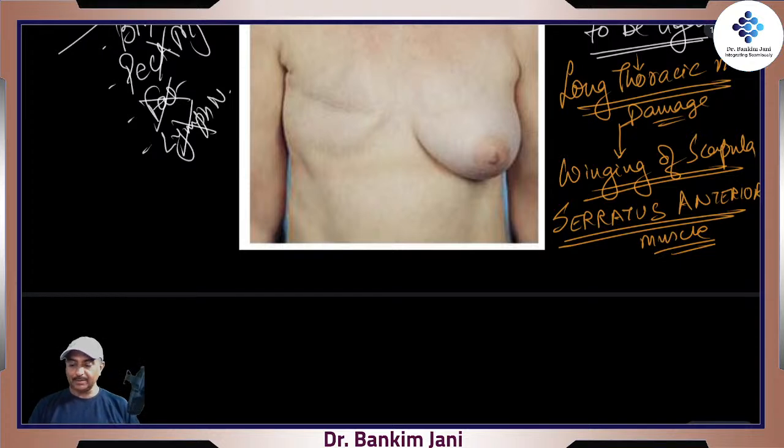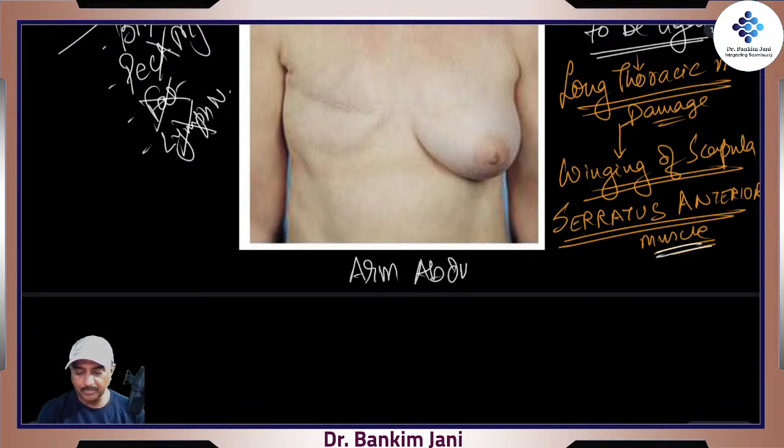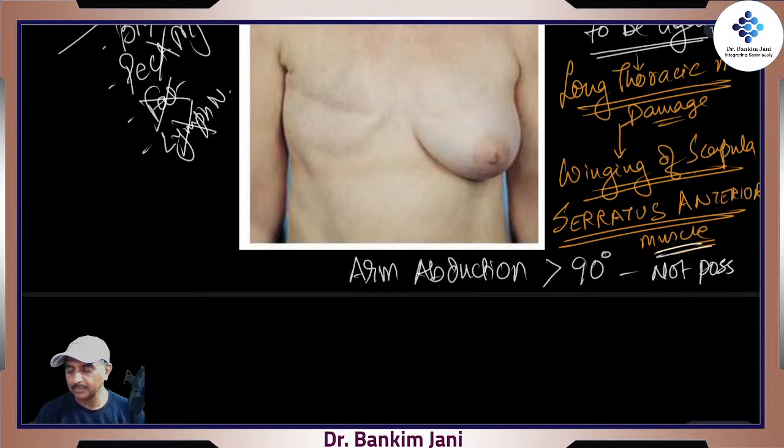Okay, it's fine, the winging of scapula, this muscle is involved. But what would be the disability? The disability is when the patient tries to abduct the arm, arm abduction more than 90 degrees is not possible.